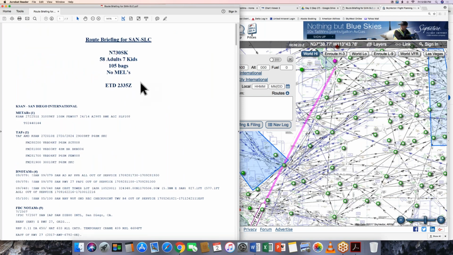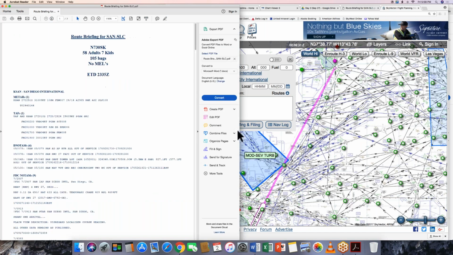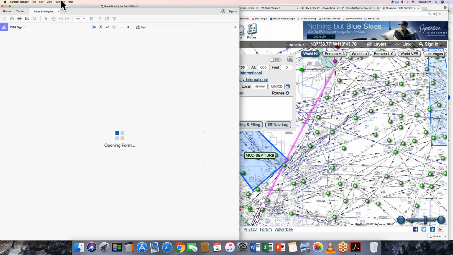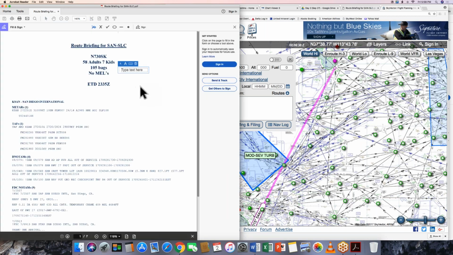I can just write it down on my paper when it's paper, but on a computer, you got to do other stuff. So I'm just going to put down here, just as a note, ETA. I'm going to add 2 hours to this time. So that'd be what, 25:35? Is that correct? 00:35.